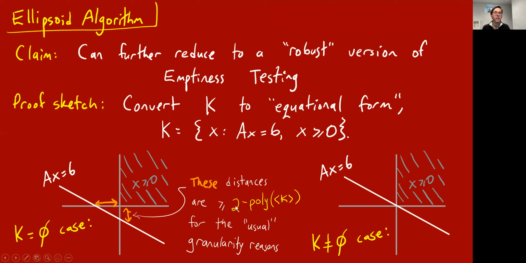It has to be like 2 to the minus polynomial in the number of bits of K. Okay, and so the logarithm of 1 over little r is polynomial in the number of bits of K. So in order for everything to be a polynomial time algorithm, just given K, where polynomial means in the number of bits you need to write K, you have to set these capital R's and little r's to be exponentially large, or in other words, they have to be written with a number of bits that's polynomial in the number of bits needed to write K.